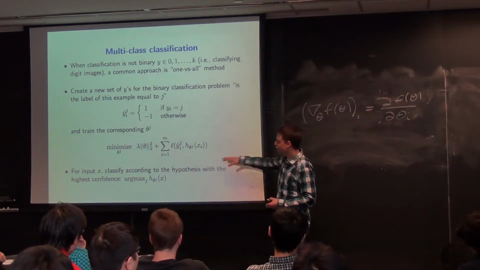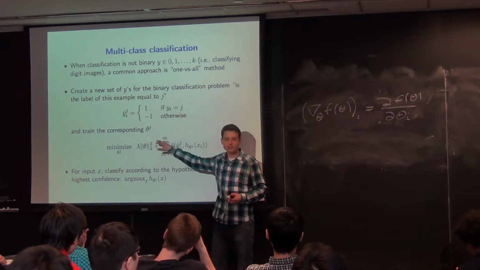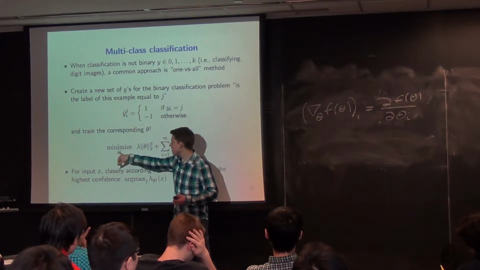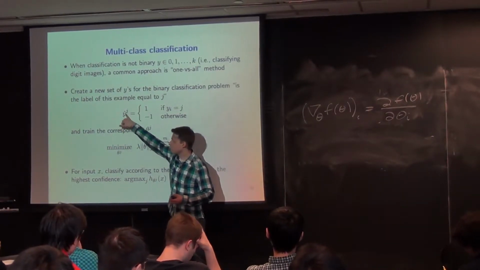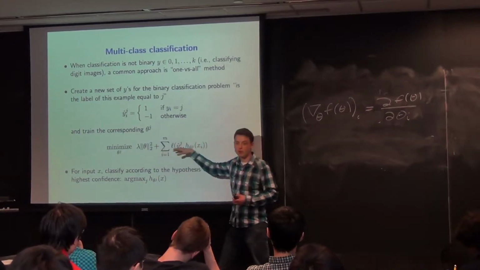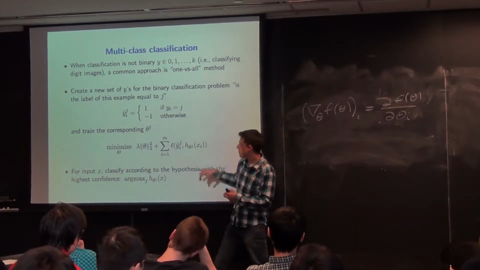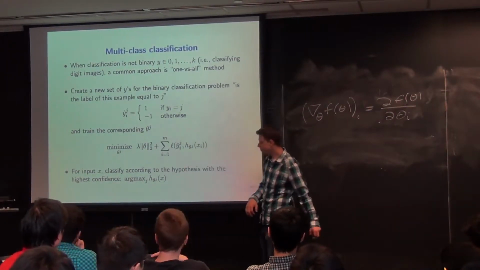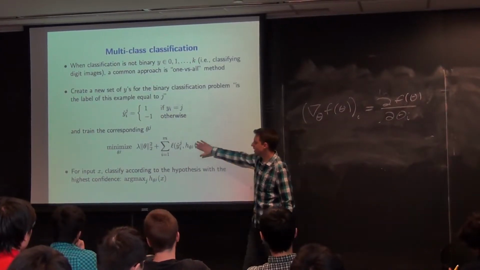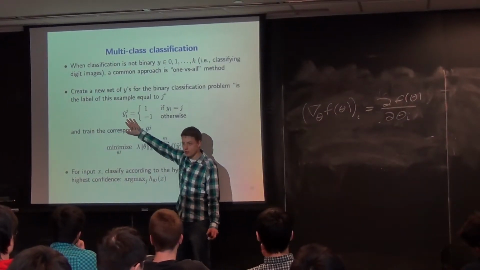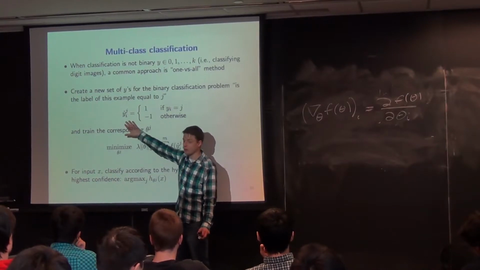Well, first of all, for each binary classification task, you fit a set of parameters on that task. There should be a superscript j here as well. So you fit parameters for each of these tasks. You solve a binary classification problem.